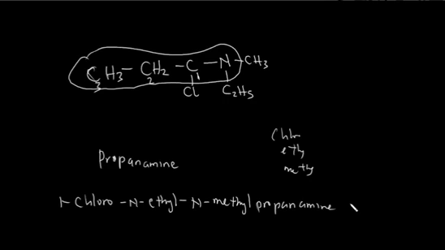Okay, for amides. If it is an amide, you must see CON. If you don't see it as CON, you will see C double bond O, then N. So imagine you had this structure.